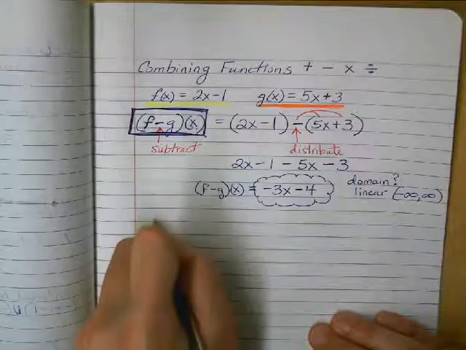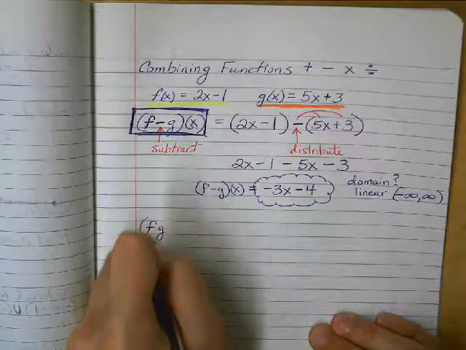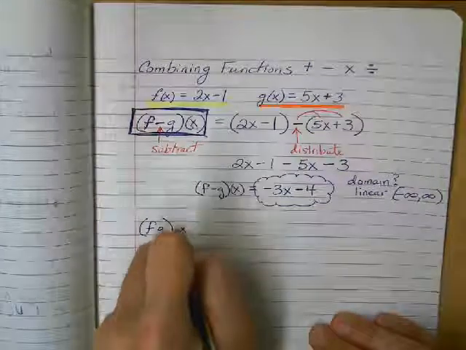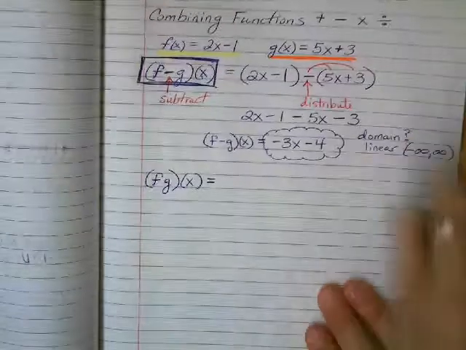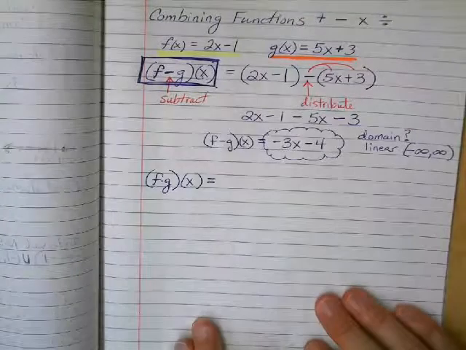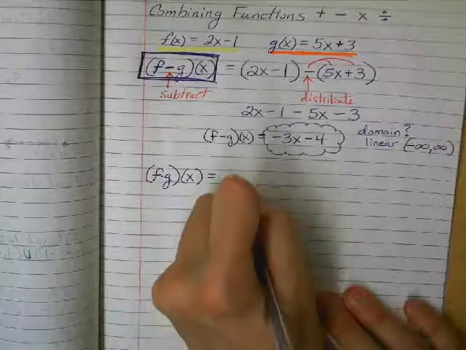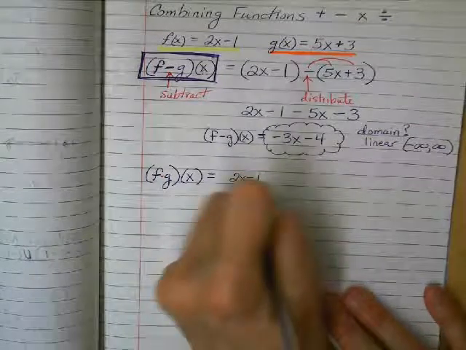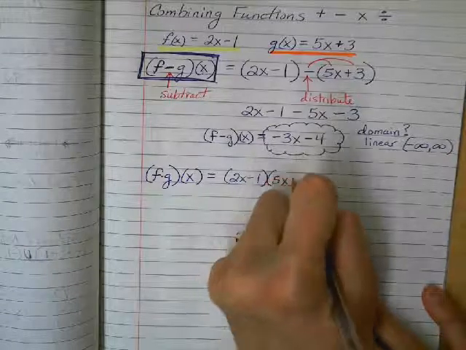What if they ask you to do fg, like this, fg of x? What does that mean? I just wrote fg. I didn't put anything between them. So isn't that times? Yeah, multiply. So the first problem f was 2x minus 1, and the second problem was 5x plus 3.